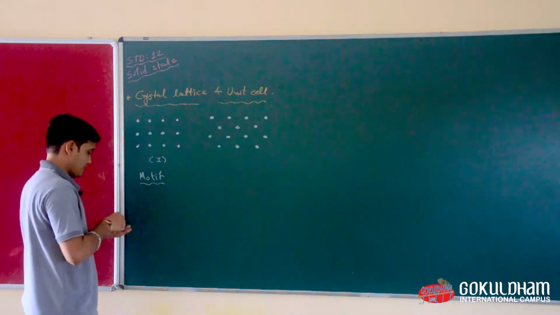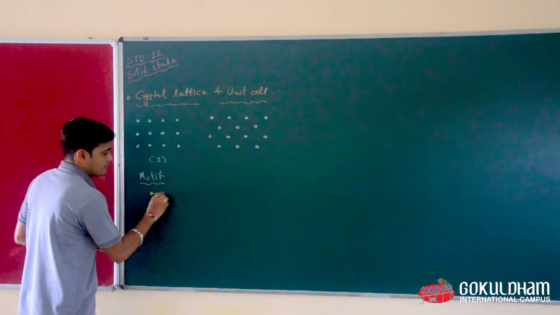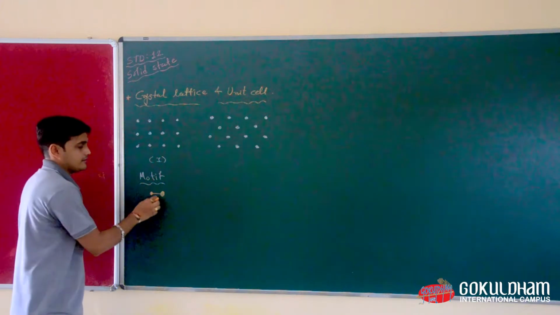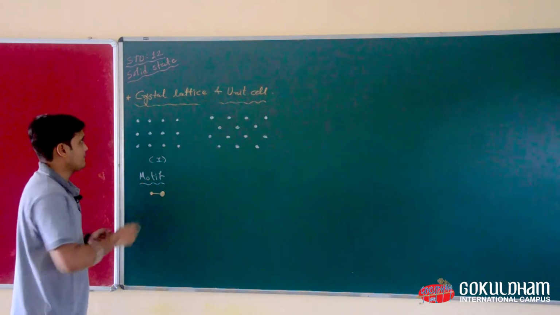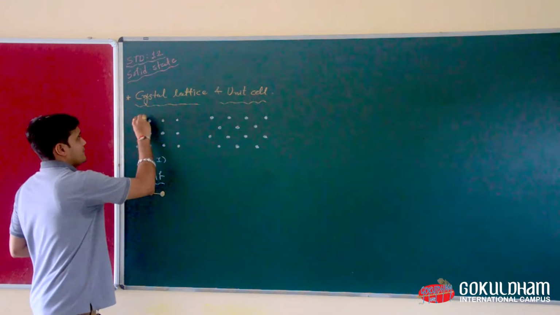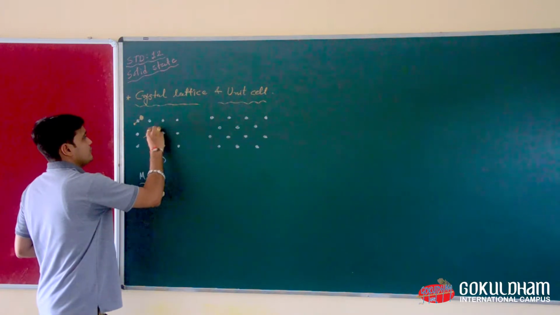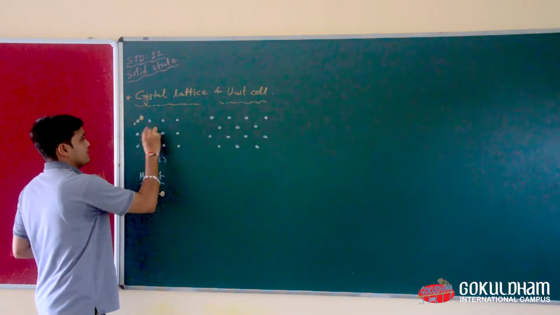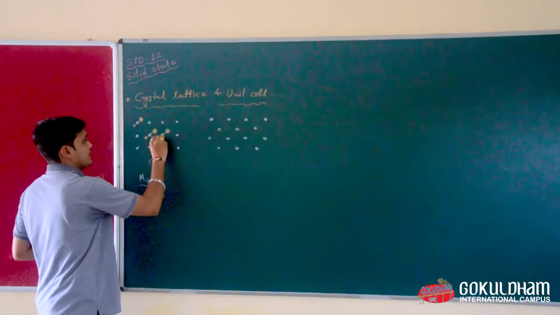Suppose I take the motif as this symbol. This symbol is my motif. I put that symbol on every element or atom, so you will see one specific pattern is generated in our crystal lattice.